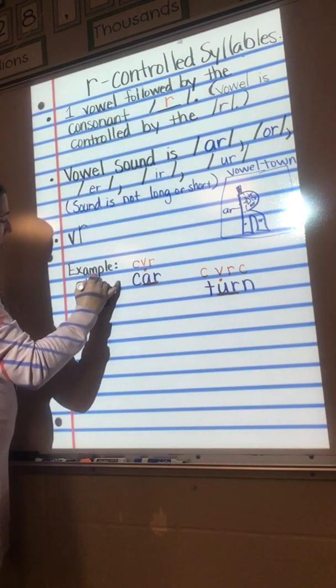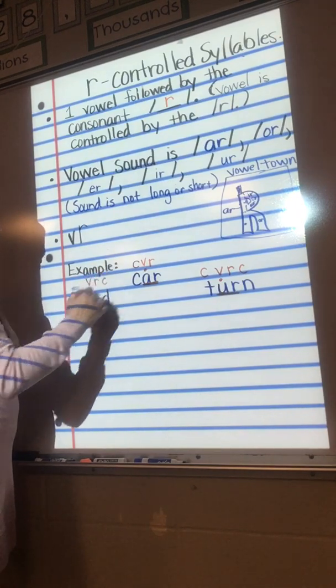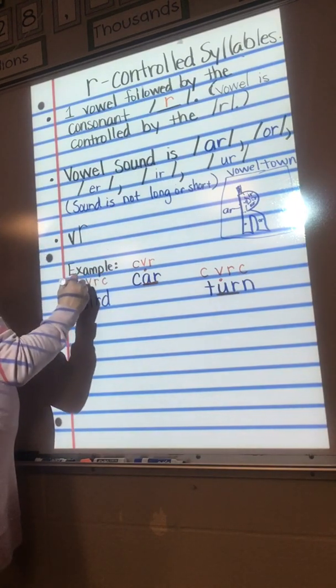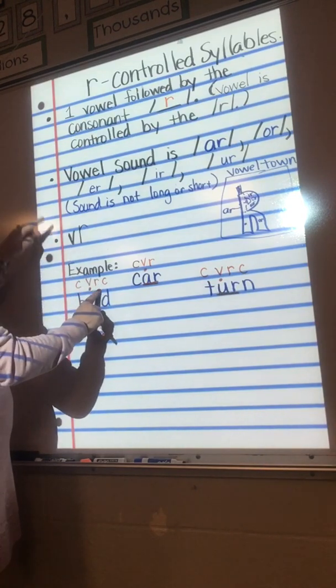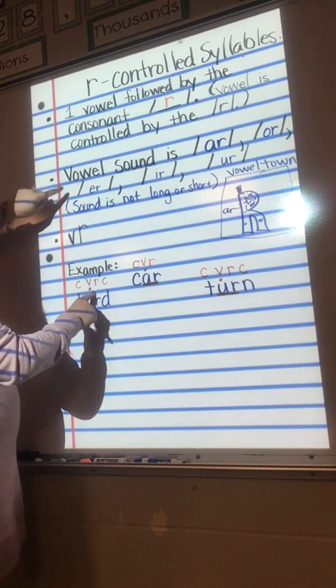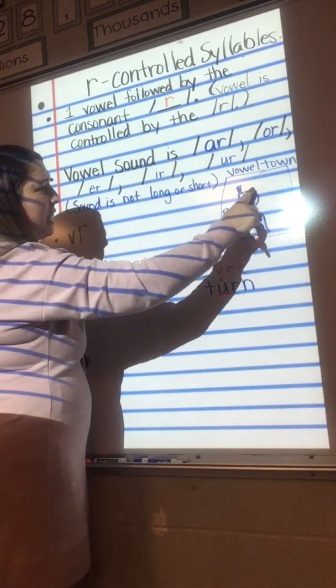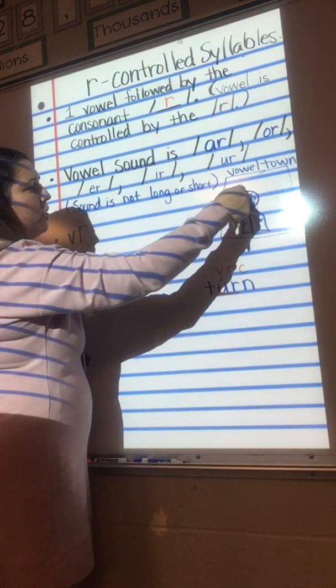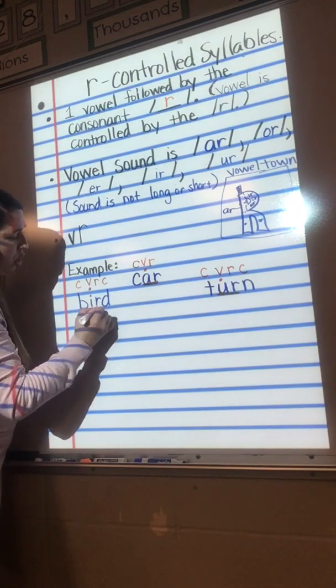So I'm going to give it an R up there. Okay, the D is a consonant. The B is a consonant. Because I'm saying that it's following that VR pattern, I know that the R controls the vowel. So if I look at it, I'm going to come over here to my curve and I see, ooh, IR here, and it lives in the curve, so it says er.